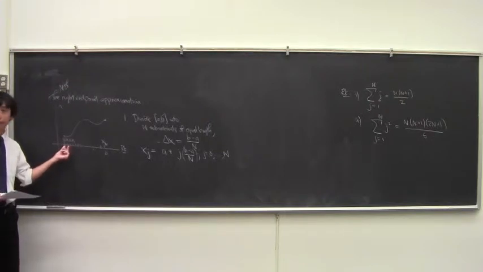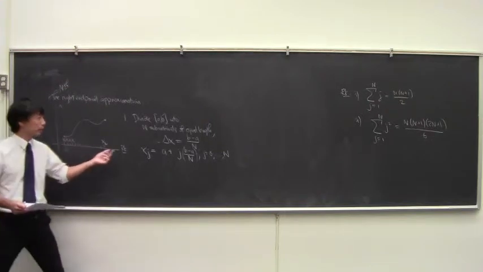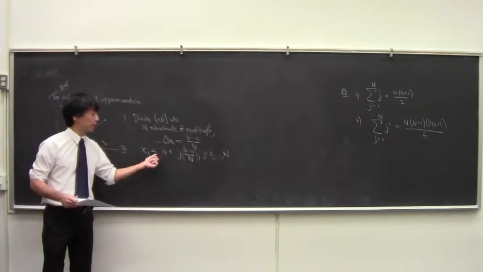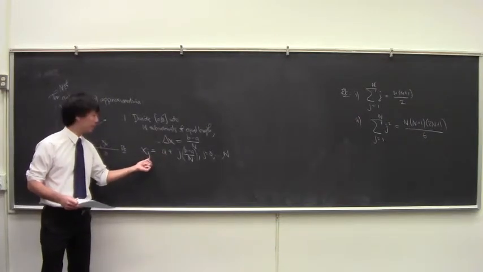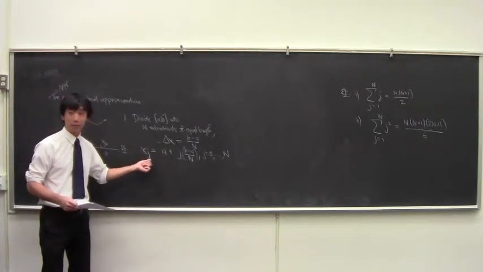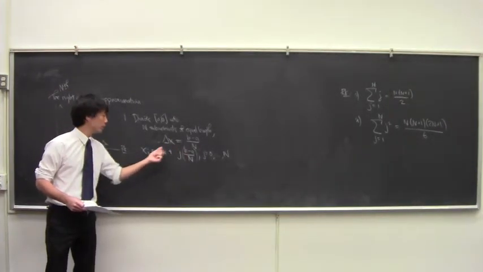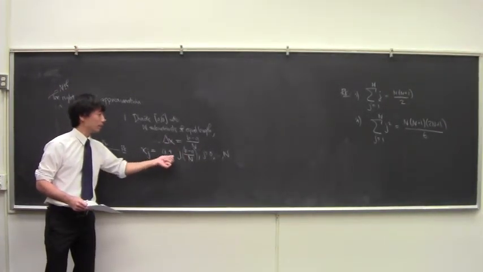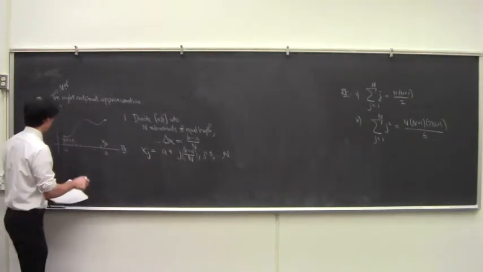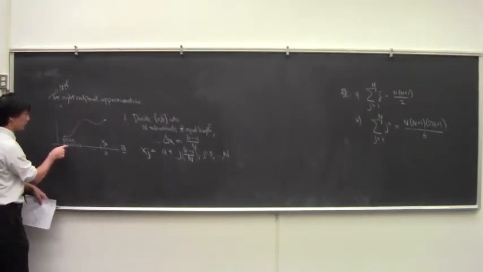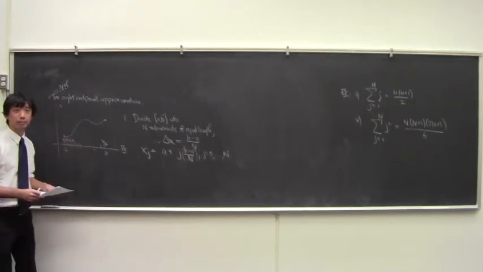You just add on delta x. Here j is a dummy variable. So x1 is a plus delta x, x2 is a plus 2 delta x, x3 is a plus 3 delta x, etc.